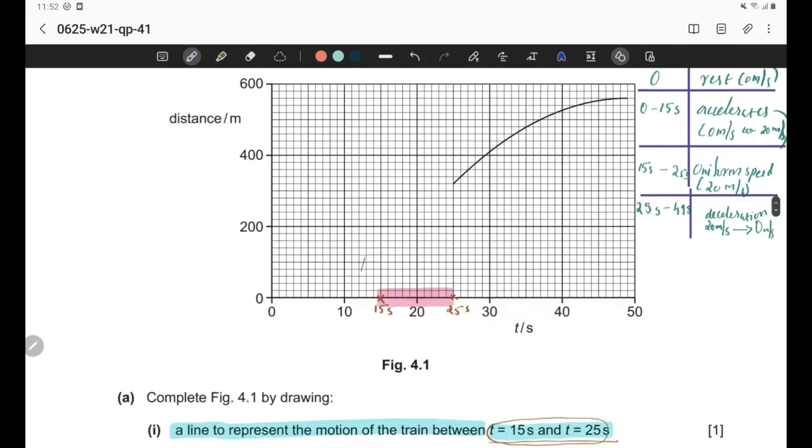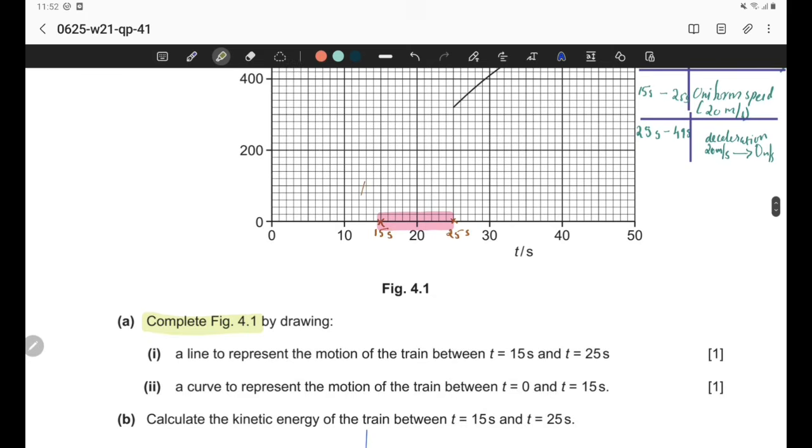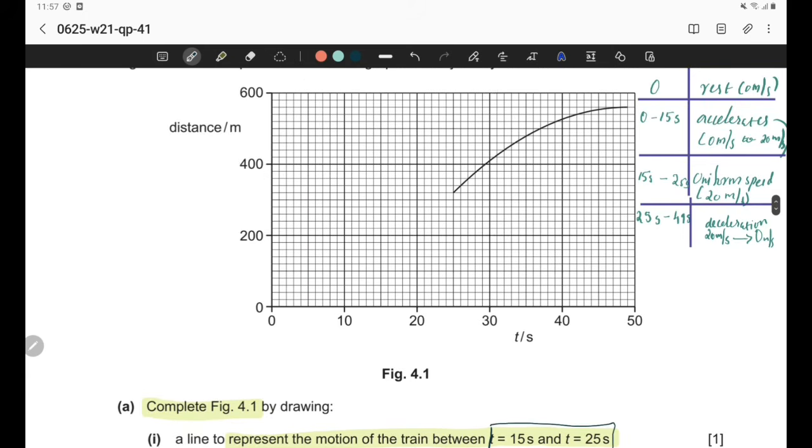Now let's look at the first part. We need to complete Figure 4.1. We need to complete the graph, where the first part asks for a line to represent the motion of the train between 15 seconds and 25 seconds. In order to complete the graph between the time interval 15 seconds to 25 seconds, we can look at the motion of the train in that interval.